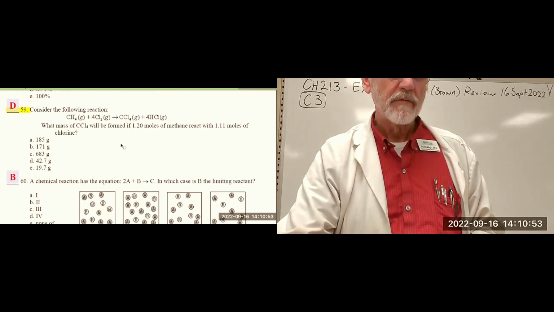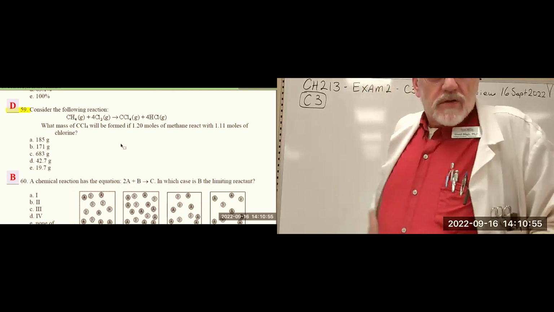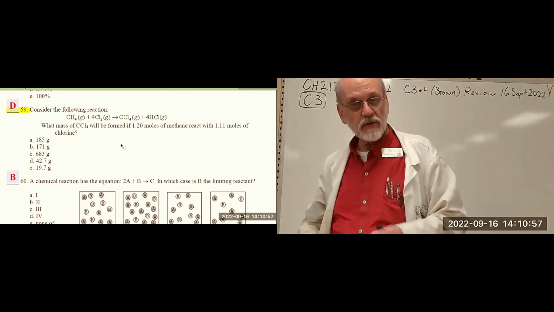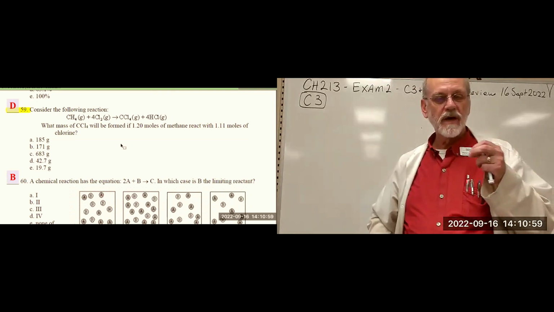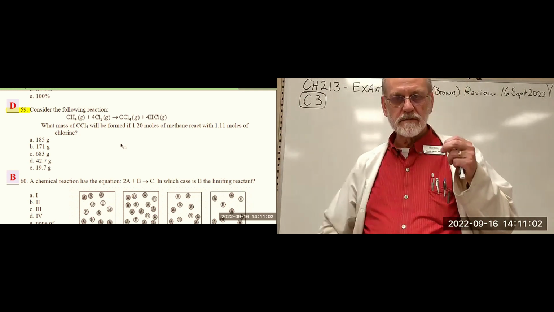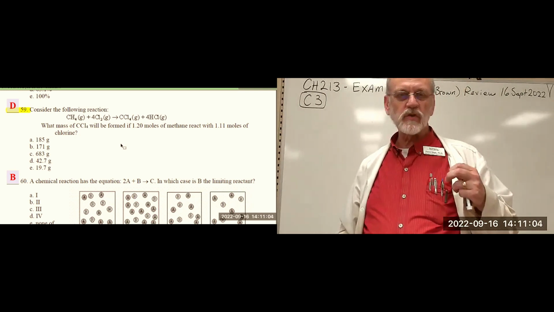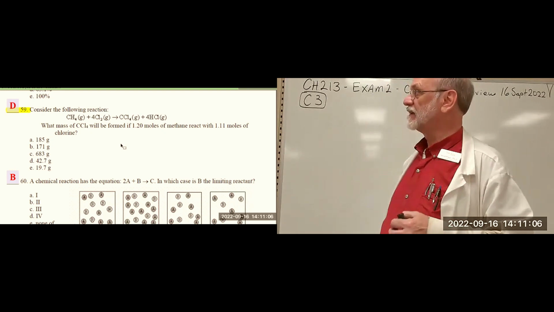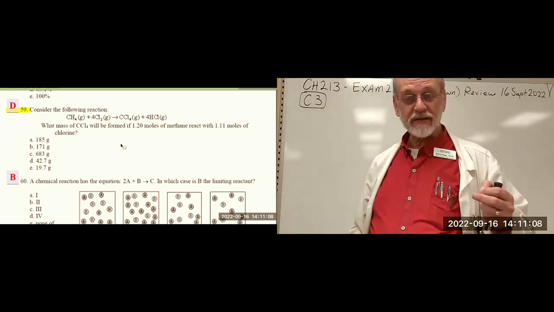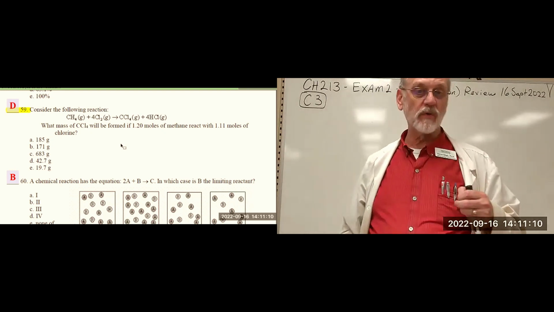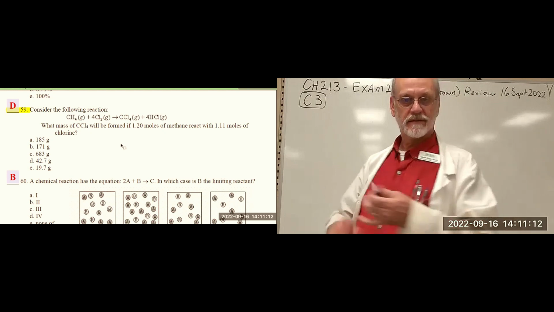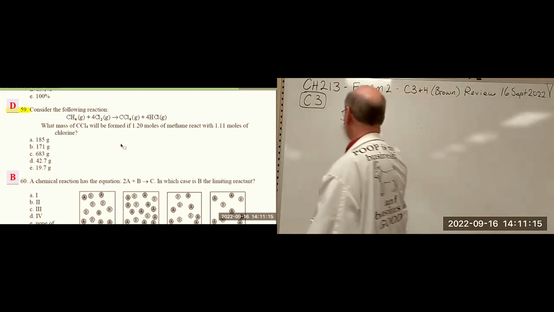All right. For 59, you're given a balanced equation, but you're also given exact amounts of one reactant, 1.2 moles of methane, and 1.11 moles of chlorine. I think we can knock this one out pretty quick.